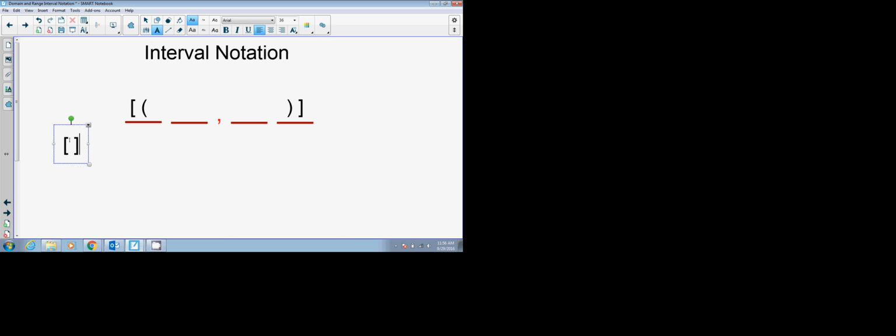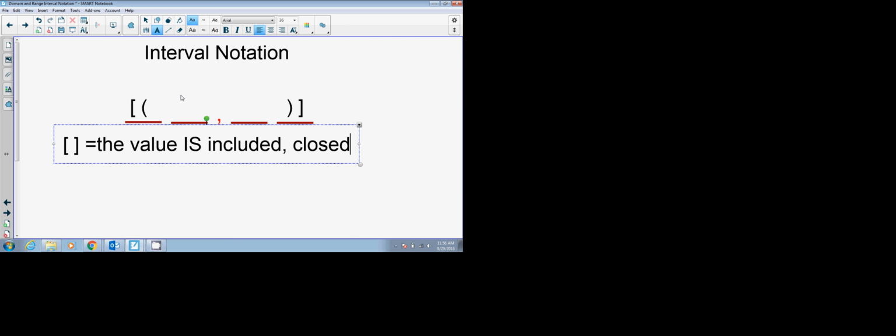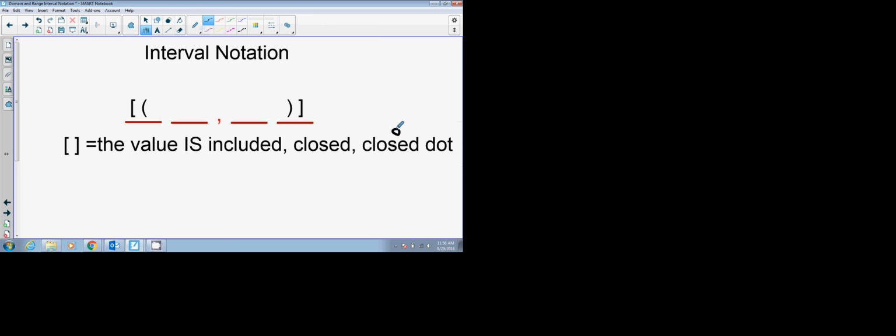Brackets are used when the value that we have written right next to it is included in the domain or the range. Another way to think of this is the value is closed, which means that there would be a closed dot in the graph.